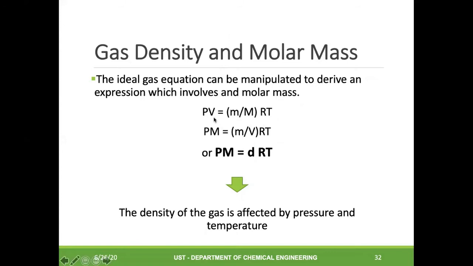Interchanging V and molar mass, P multiplied by molar mass is equal to m over V times RT, and you know that this is equivalent to density. So if you're after the density of a gas, density is equal to pressure multiplied by molar mass all over RT. The density of the gas is affected by pressure and temperature.